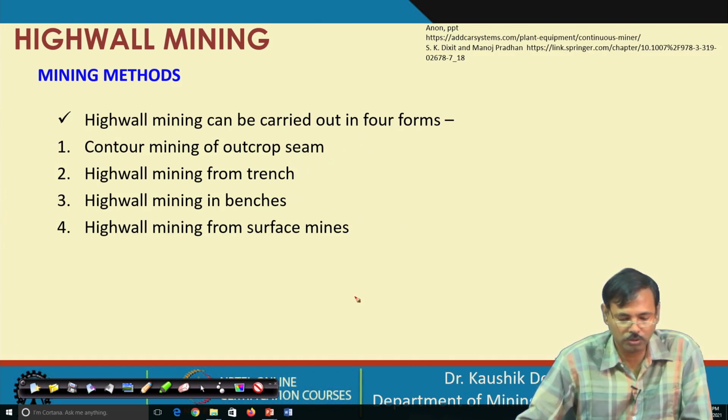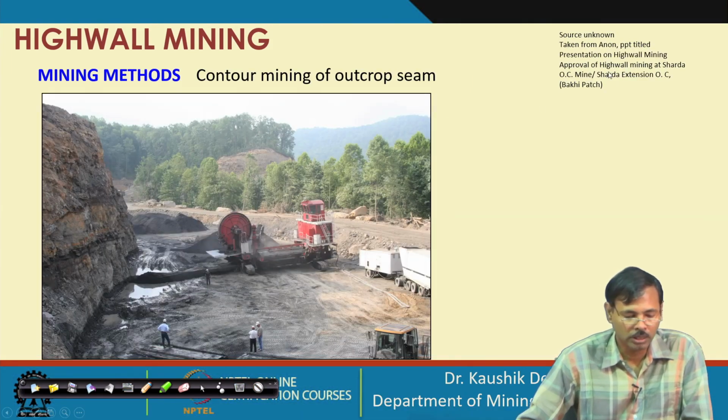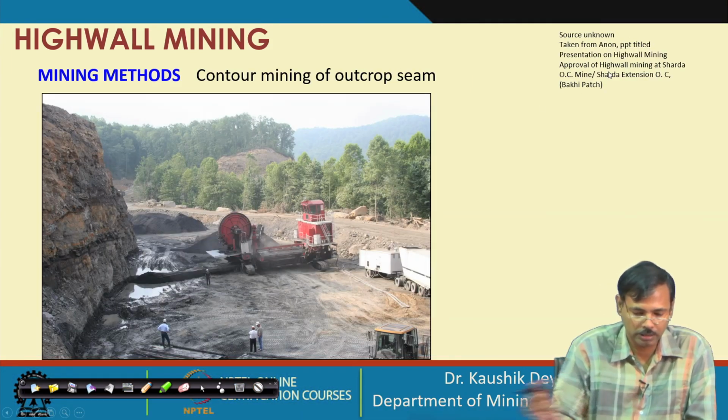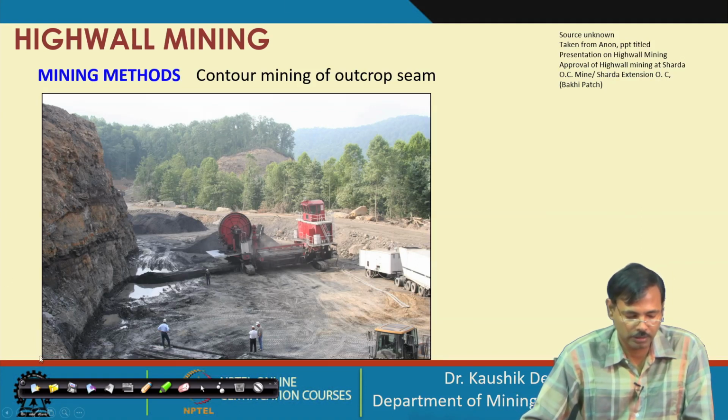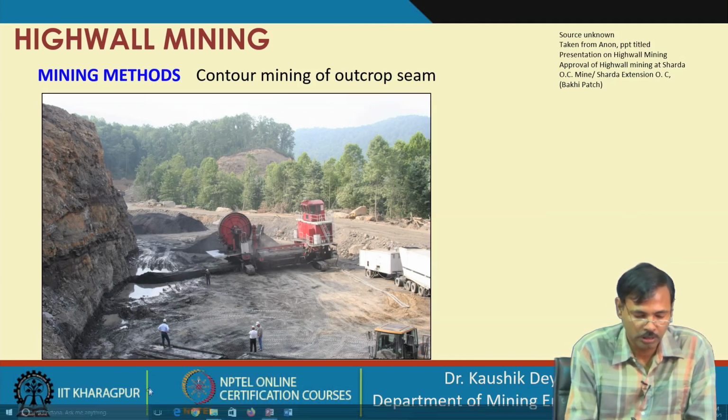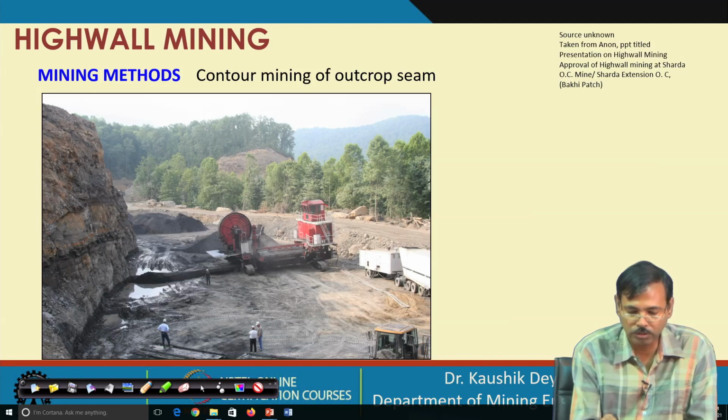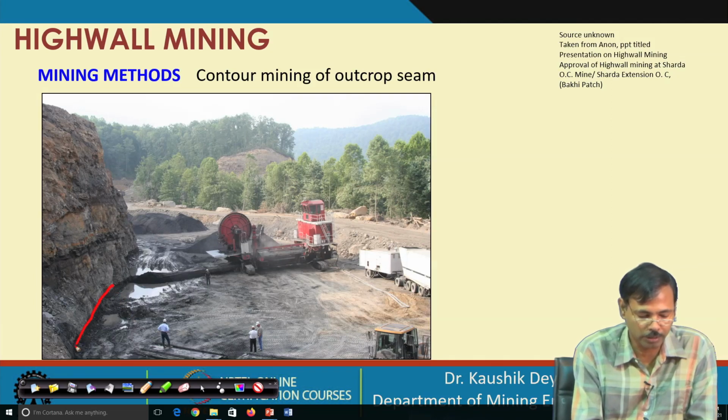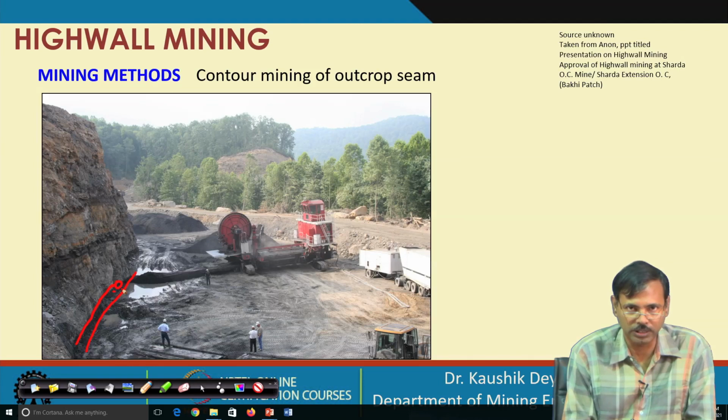So, if you look into this, here it is understood that this is the outcrop, there is no actual mining carried out. So, this is a hilly terrain, this portion is the outcrop coal seam, and the machine is placed at this position to dig a hole and cut the material from this place.